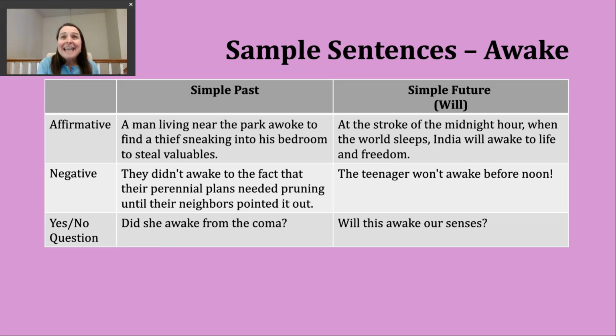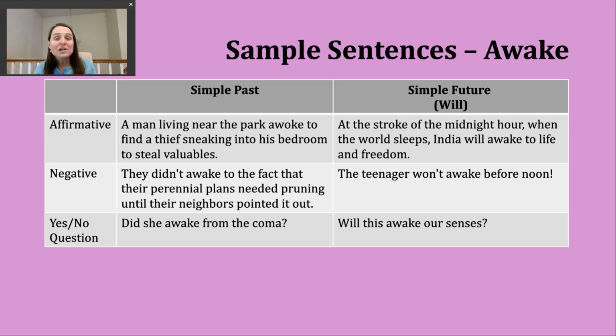If I want to make a negative simple past tense sentence, then my structure will be to have my subject, then did not, and then the base verb. Okay? You can see this in the example here. They didn't awake to the fact that their perennial plants needed pruning until their neighbors pointed it out.